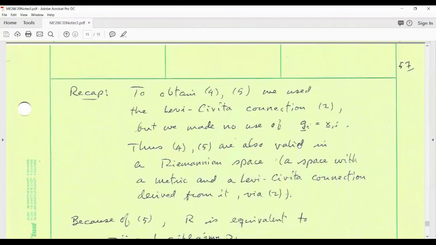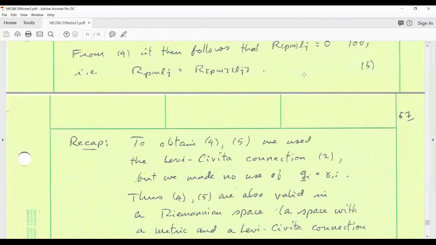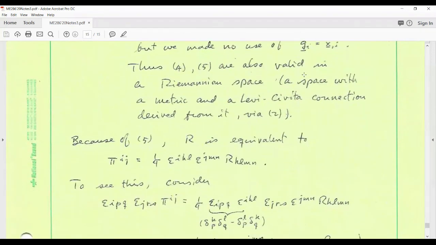Okay, so what's the upshot here? Because of this equation, 5, R is skew in P and M and skew in L and J. So we lose no information by doing this. We retain all the information in the Riemann tensor by multiplying through, for example, by permutation symbol epsilon super IKL, epsilon super JMN.